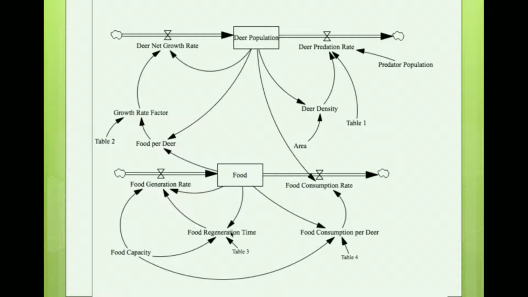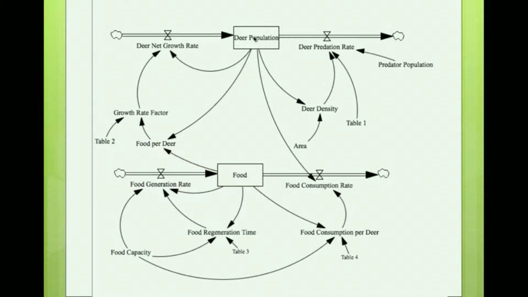So there's a capacity in the reserve to generate food, and that's how the source of food gets into the picture. Then the consumption, the negative side of food, is the consumption by deer, which is of course driven by the deer population, and that's how the cycle works.